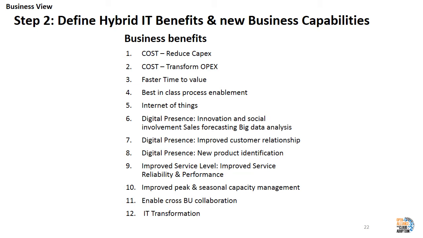These include the impact on cost, the ability to implement services faster, the ability to implement IoT technologies to accomplish things like predictive maintenance, the ability to exploit digital presence technology to facilitate things like customer relationship improvement, and the ability to address seasonal demand on the IT systems.